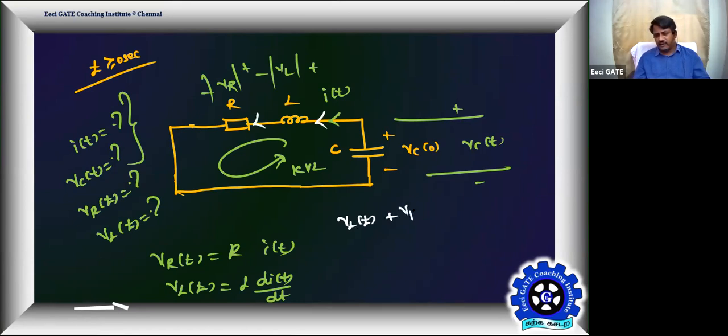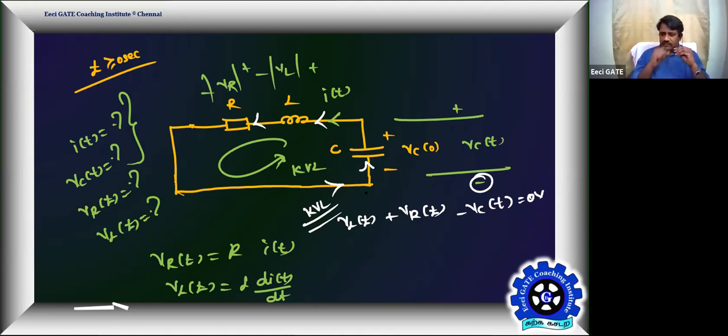So plus VR of t. And that current is coming here, entering here. But entering what? Minus terminal of your VC. So minus VC of t equal to 0. That's our KVL. Getting everyone? All of you getting this point? Yes or no? Following, right?